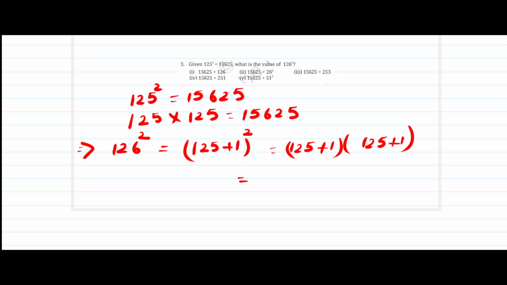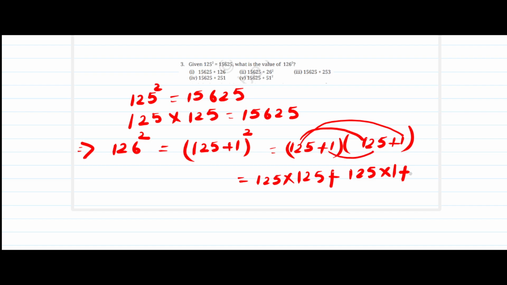Now we will use the normal way to multiply. That is, first term is multiplied with first term, 125 into 125, plus first term is multiplied with the second term, 125 into 1, plus 1 into 125. Second term is multiplied with the first term, and then second term is multiplied with the second term, 1 into 1.